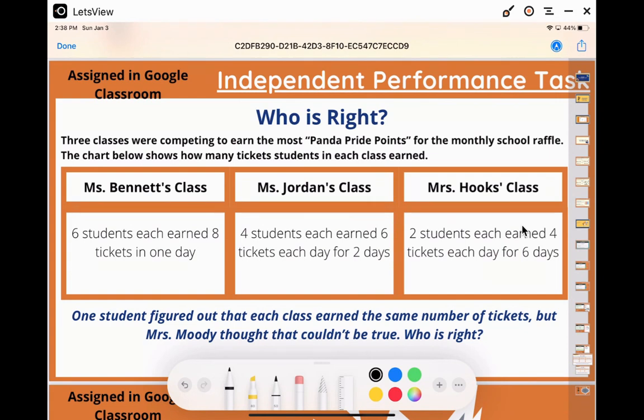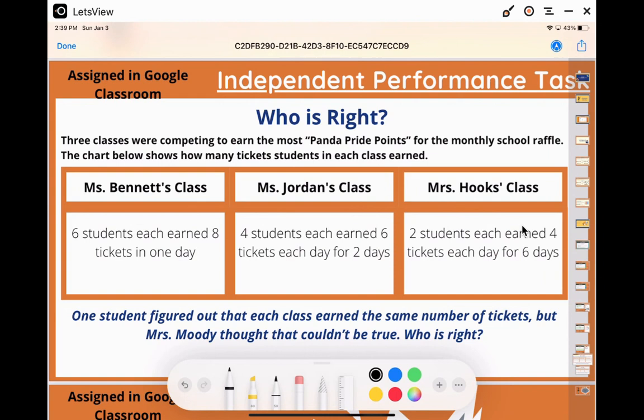3 classes were competing to earn the most Panda Pride points for the school's monthly raffle. The chart below shows how many tickets students in each class earned. We have Miss Bennett's class, where 6 students earned 8 tickets in 1 day. Miss Jordan's class, where 4 students earned 6 tickets each day for 2 days.